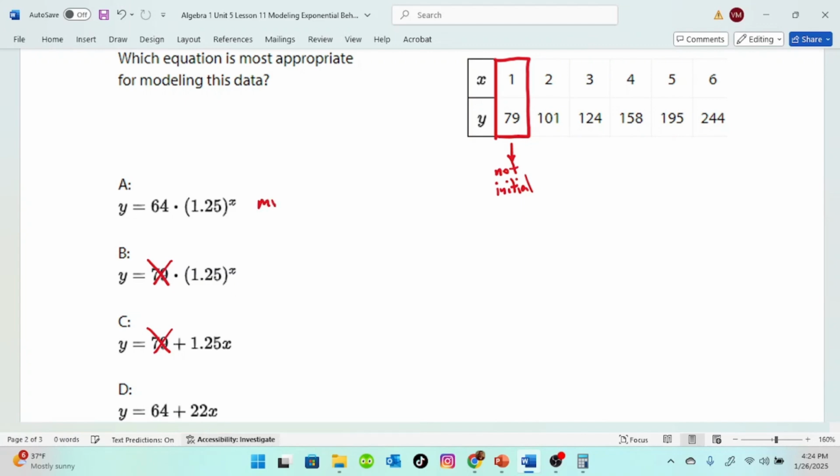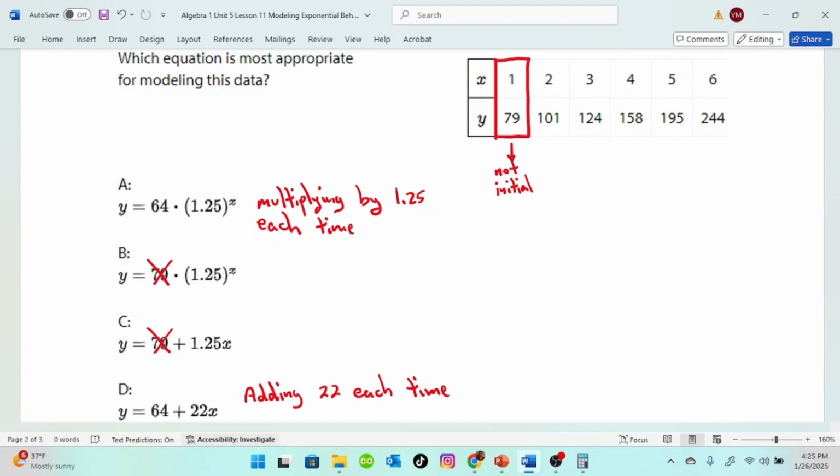are we multiplying by 1.25 each time, or are we adding 22 each time?